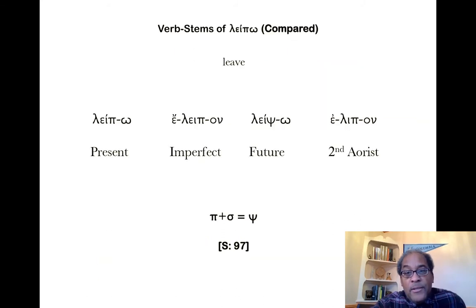And so to contrast these four stems: the verb stem that gets used in the present, in the imperfect, in the future, and in the second aorist.